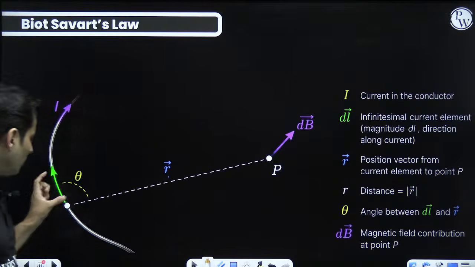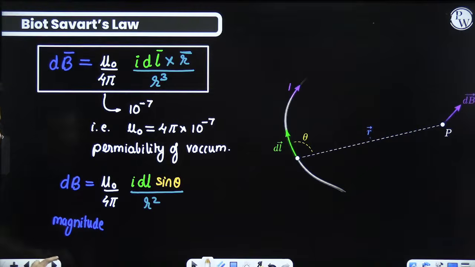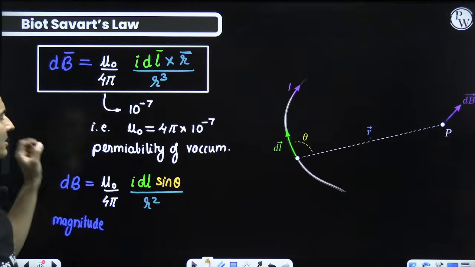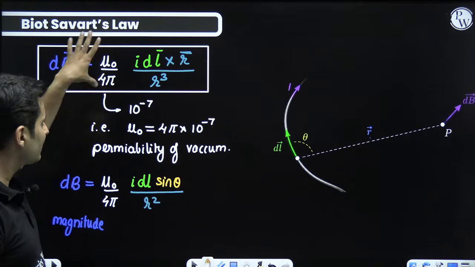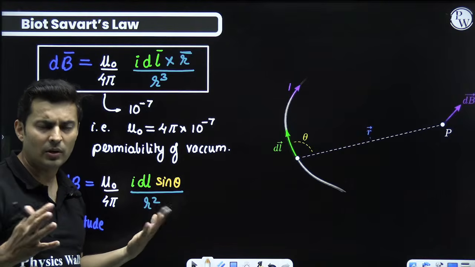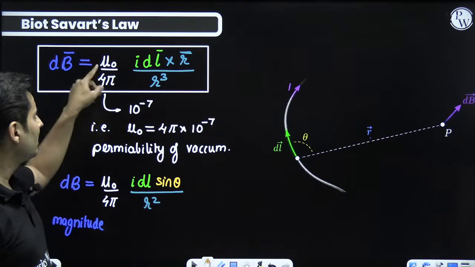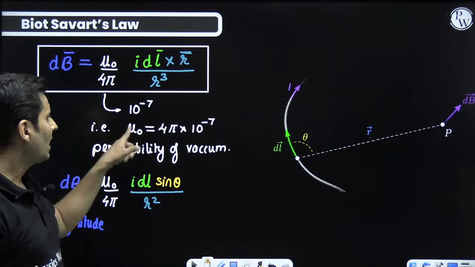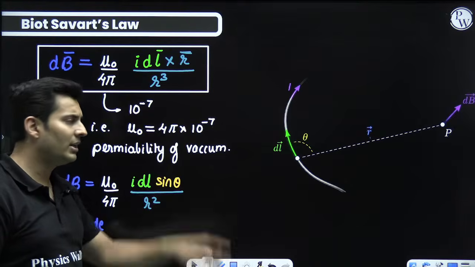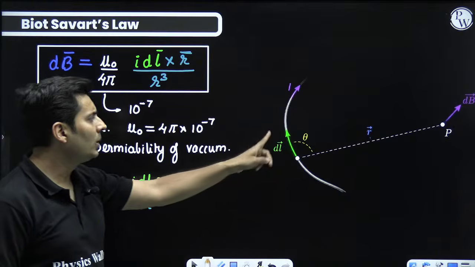So you take a small part of the wire and figure out the contribution of that small part. That contribution, dB, has a constant, just like Coulomb's constant was 1 by 4 pi epsilon naught. Here it is mu naught by 4 pi, and mu naught has a value of 4 pi into 10 to the power negative 7, into I into dl cross r.